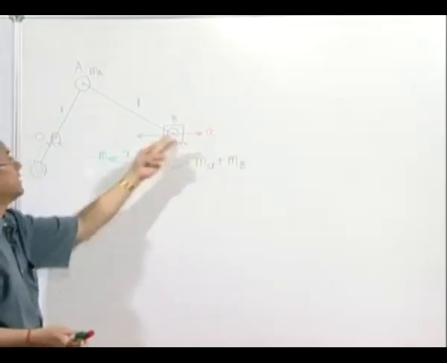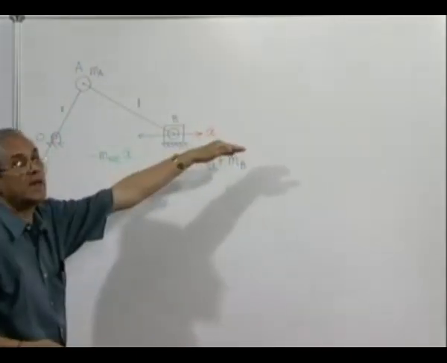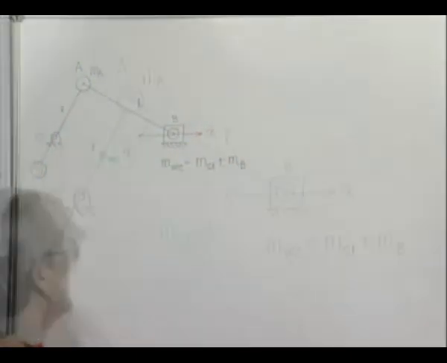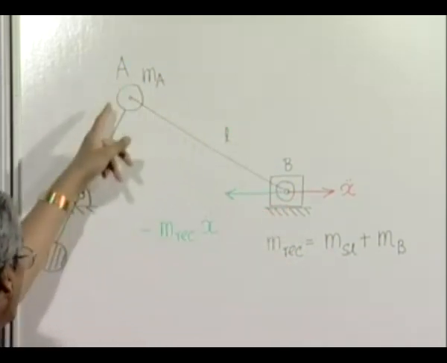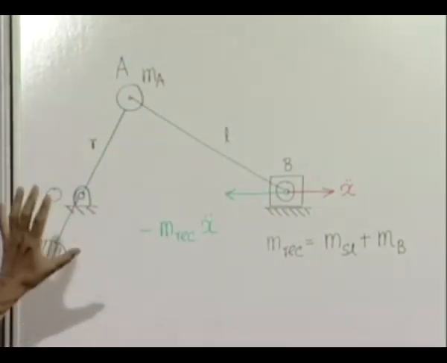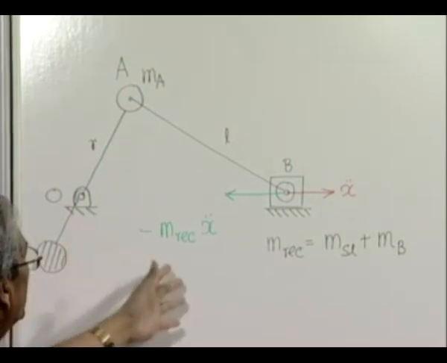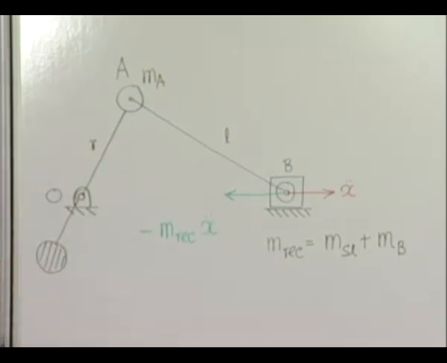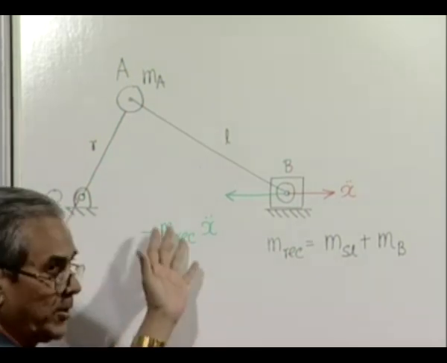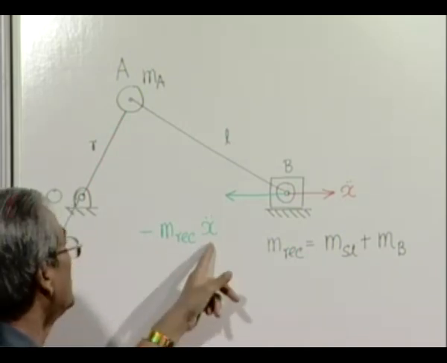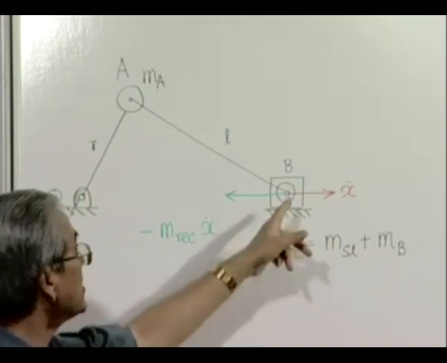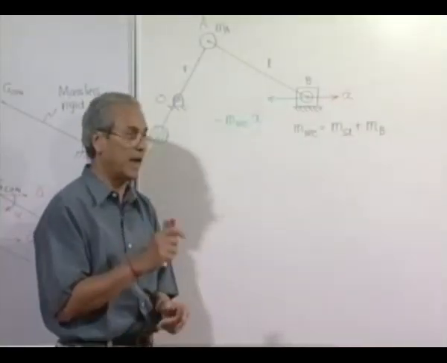When x2 dot is negative, then of course this force will be in the other direction. So when the rotating part is taken care of by a counterbalance, the only unbalanced force in this system is the reciprocating inertia force. Next we have to find out the magnitude of this reciprocating unbalanced inertia force, and to do that we have to have the expression for the acceleration of the slider, and next we will do that.